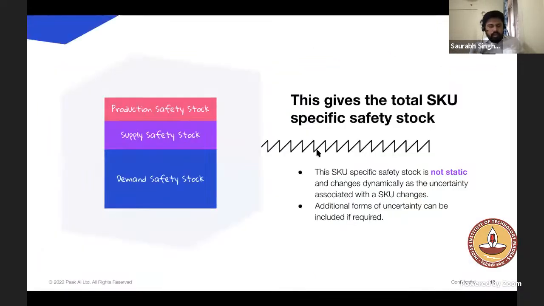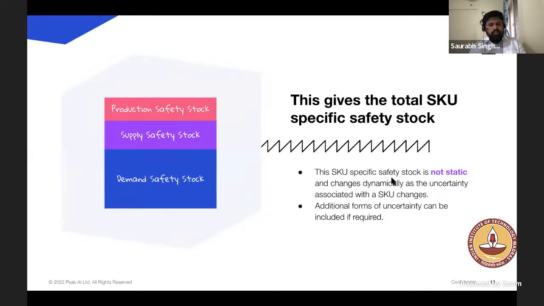So in totality, considering all different types of uncertainties like production uncertainty, supply uncertainty, and demand uncertainty, depending upon the factors and problems associated there, you might need to keep a safety stock for each of these, and the totality of this becomes your overall safety stock.